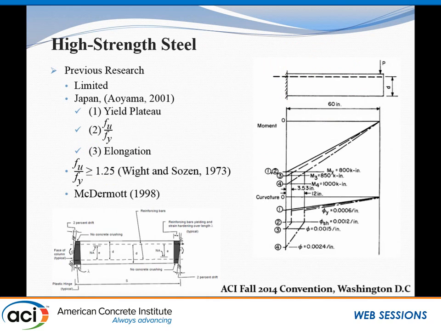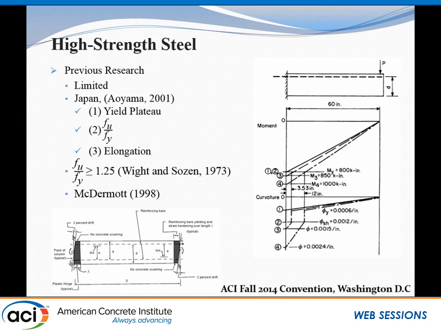Then I would like to move to high-strength steel. Compared to high-strength concrete, research work on high-strength steel is relatively limited. In Japan, a 5-year national project from 1988 to 1993 was launched to develop design guidelines for high-rise buildings using high-strength steel.